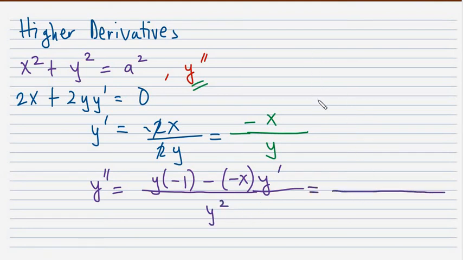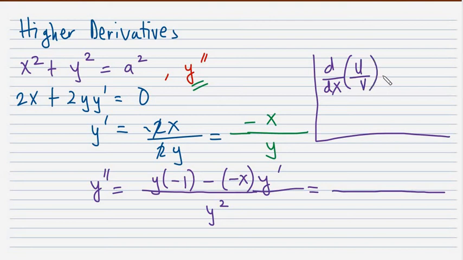Let me go ahead and write that in case you have forgotten. The derivative of u over v is simply vu prime minus uv prime all over v squared. So simplifying, I have negative y plus xy prime over y squared.